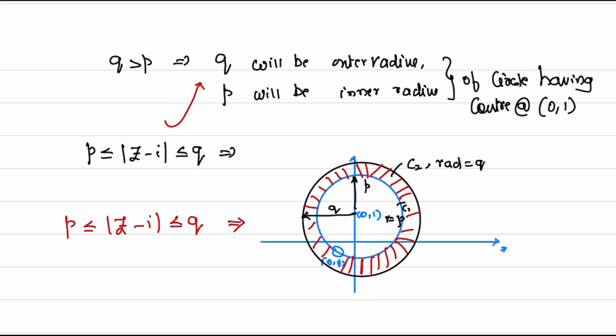Modulus z minus i is a circle with center at (0, 1), and modulus z is a circle with center at the origin.